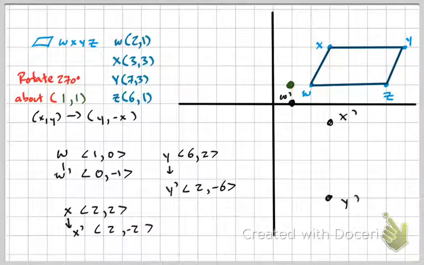So there's my y prime. And then for my z, I just go 1, 2, 3, 4, 5 to the right. No vertical movement, so that's 5, 0. So for my z prime, flip them, and the x became negative. So that's just down 5.